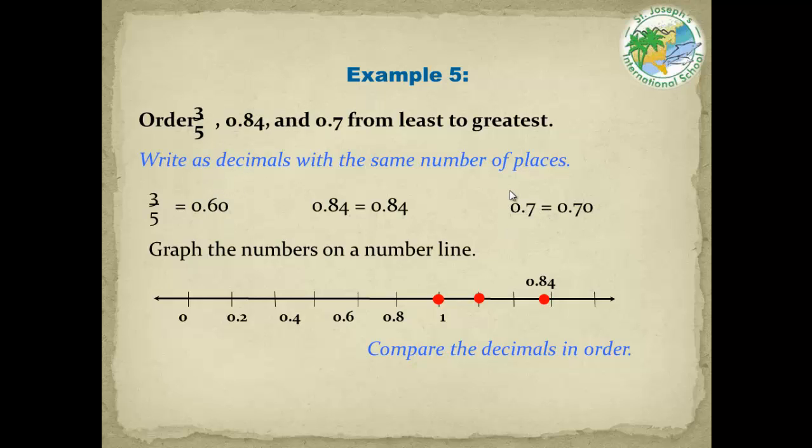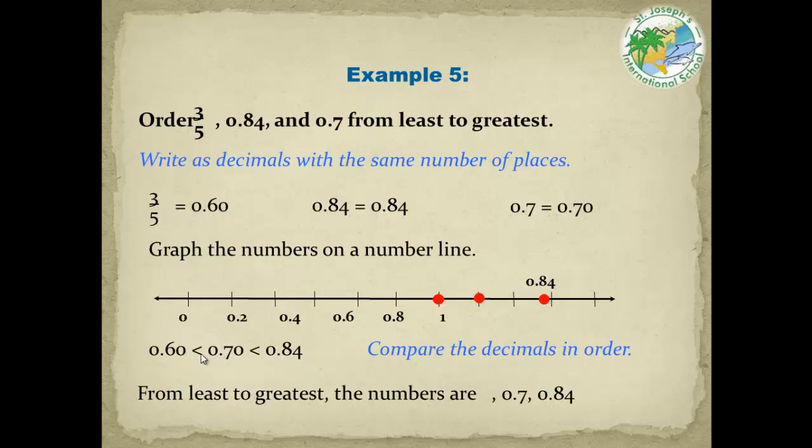Then 0.70, and 0.84 is the greatest decimal number. So 0.60 is less than 0.70, which is less than 0.84. From least to greatest, the numbers: 3 over 5 is the least number, then 0.7, then 0.84.